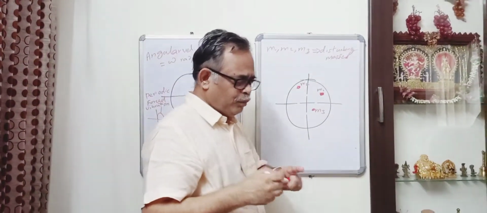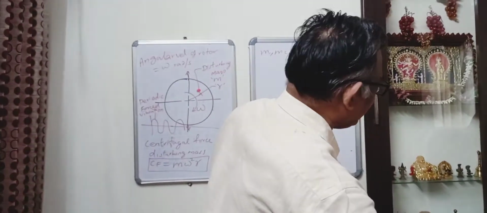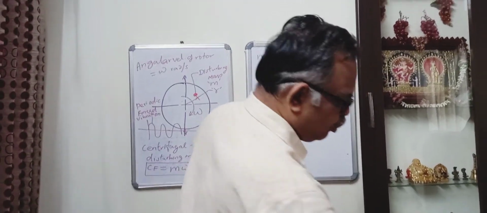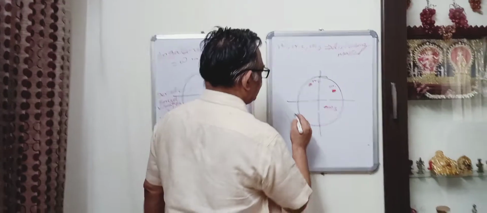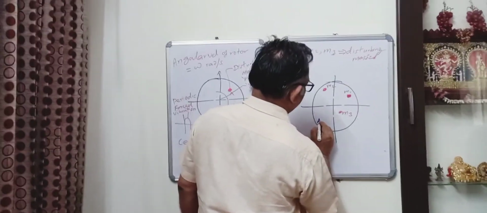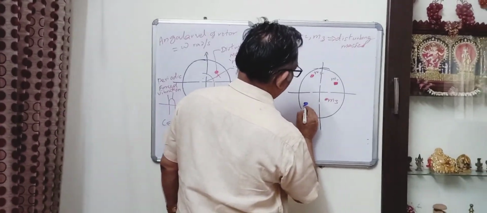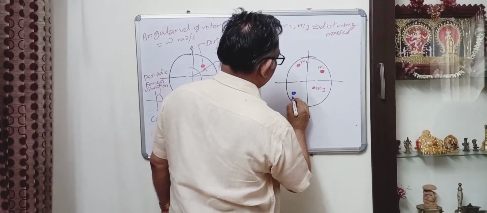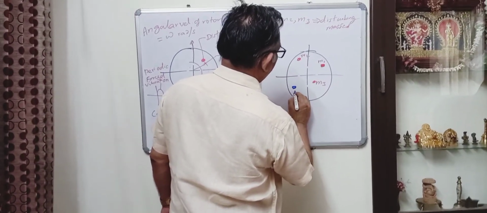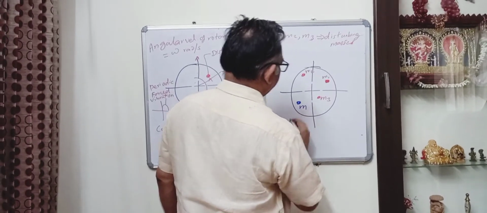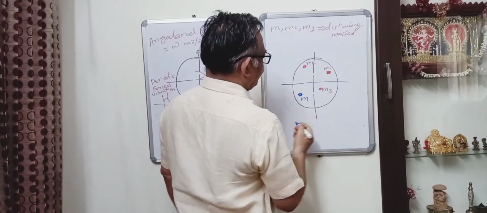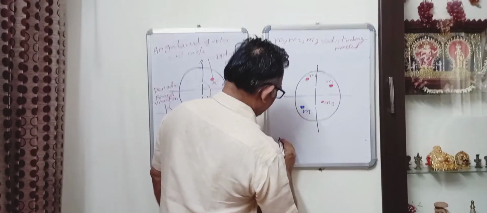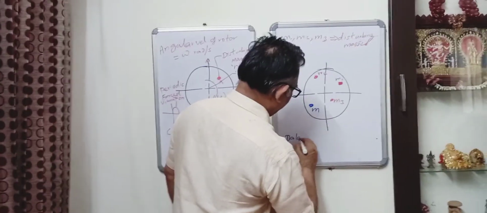All these disturbing masses can be balanced by one single balancing mass kept at a convenient position, right? This is the balancing mass M, right? So here M1, M2 to M3 are disturbing masses, and the balancing mass is M, right?